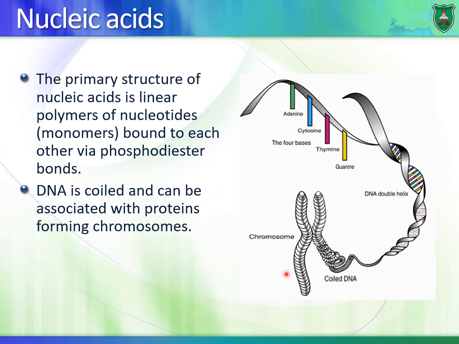Now the thing is, DNA is coiled, that is, it's folded on itself in a very complex process, so that it fits into the nucleus. Usually it is associated with proteins, forming a large genetic material known as chromosomes. And we'll talk about this.